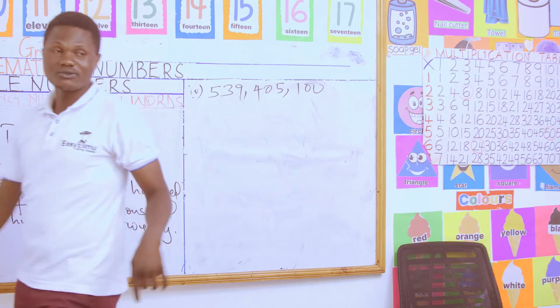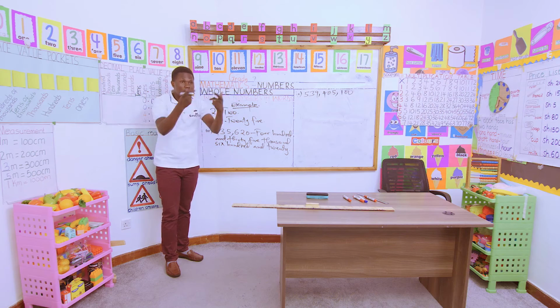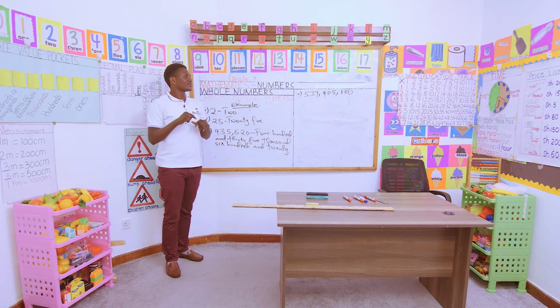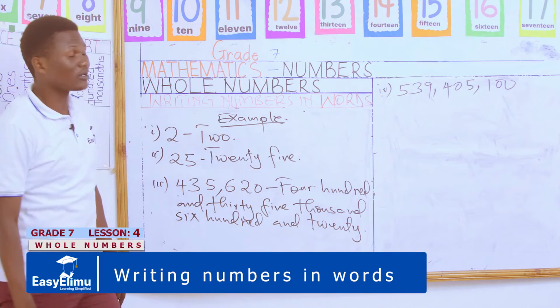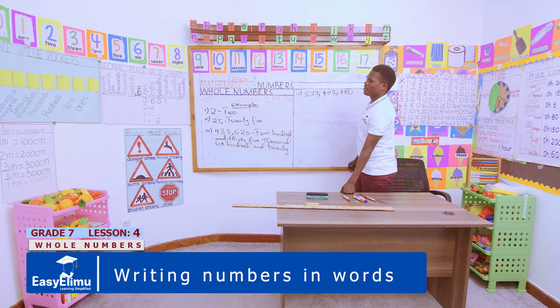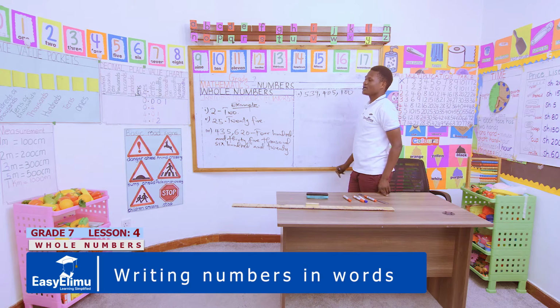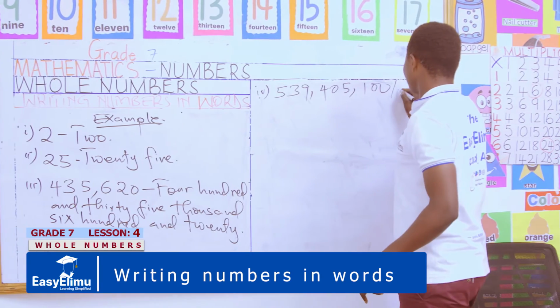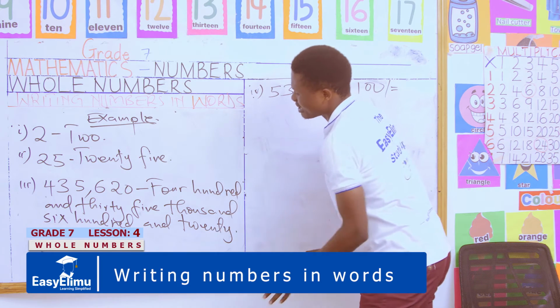How much will you tell people that you're earning? You want to tell us that this is what I wish to be earning tomorrow. Yes, Christine? Try. Good. So this is 539,405,100 shillings. So if it is just a number like this, then you just write it in words like that.